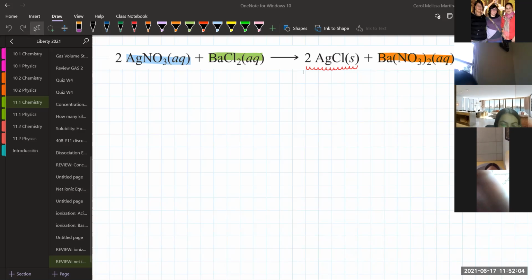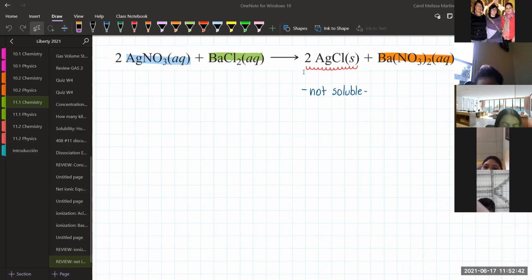Could you type it? No, it's not reactant. Take a look.